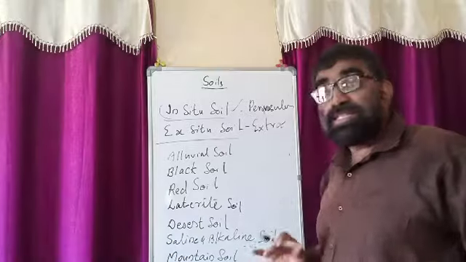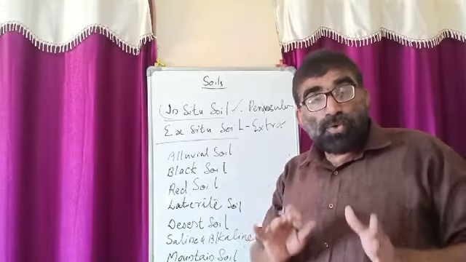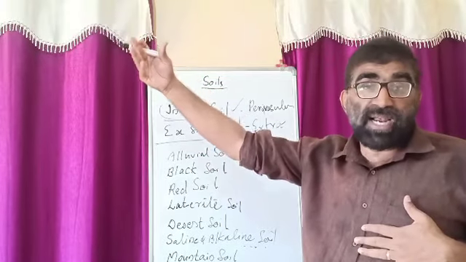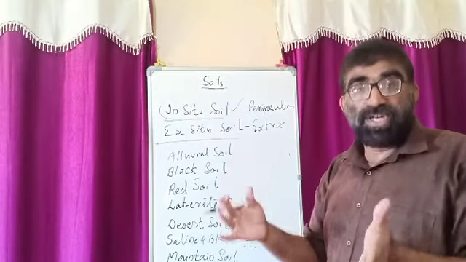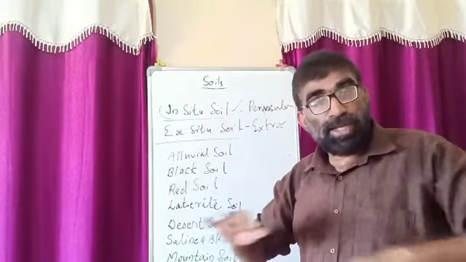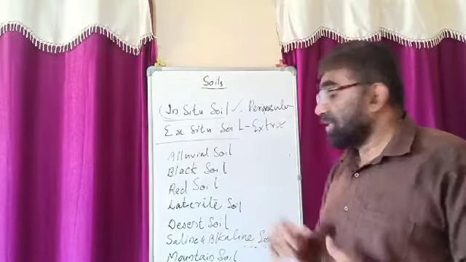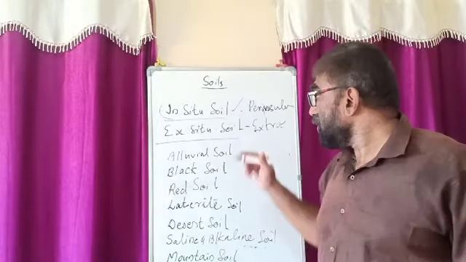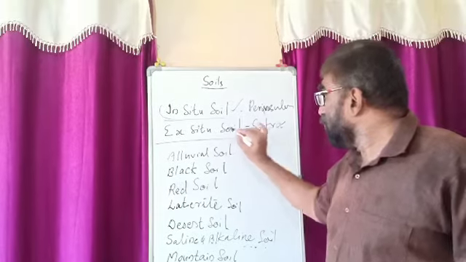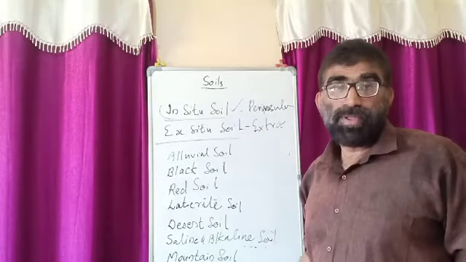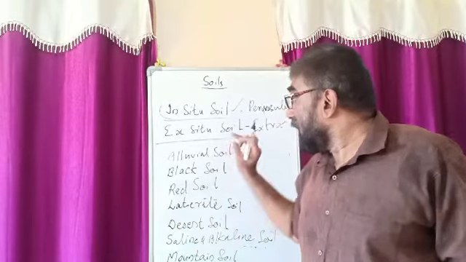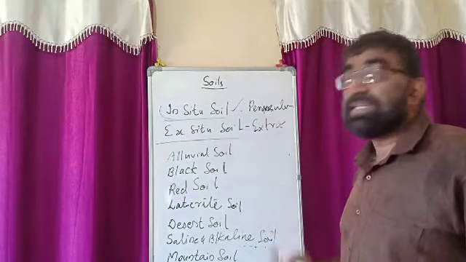The soil in northern India is mainly of the transported type. This soil is formed somewhere in the Himalayas, but agents like rivers, running water, or wind transported this soil and deposited it here. So these are the two types of soil. The soil of North India, the soil of the northern plains, is transported soil, known as ex situ soil.